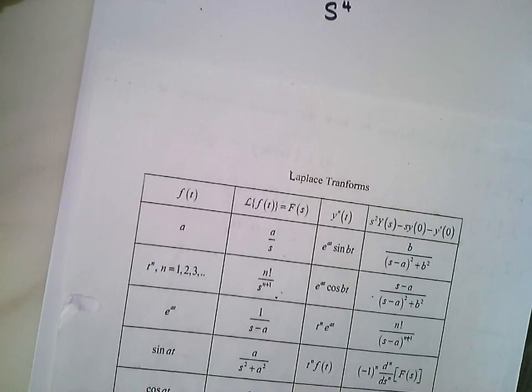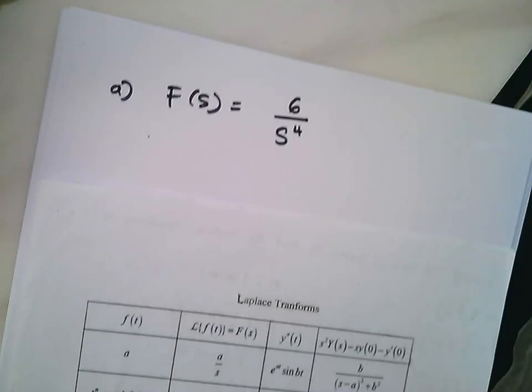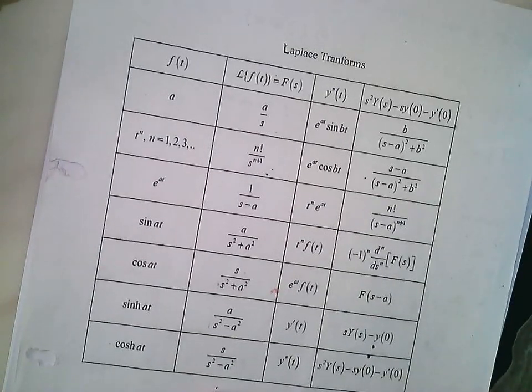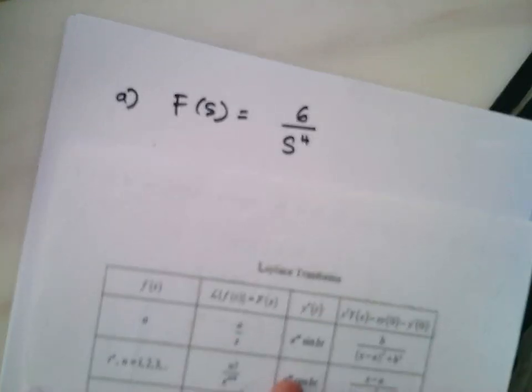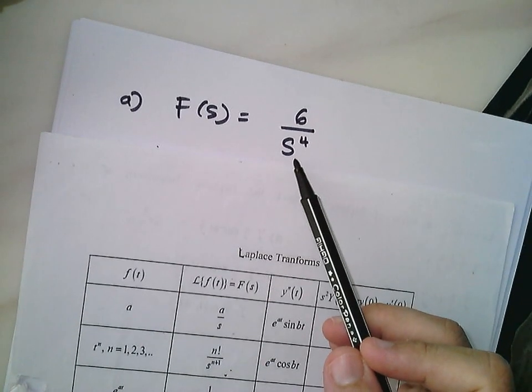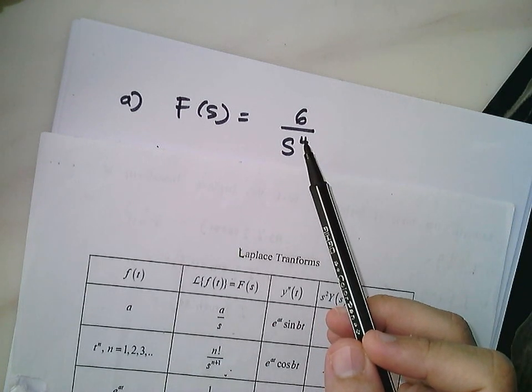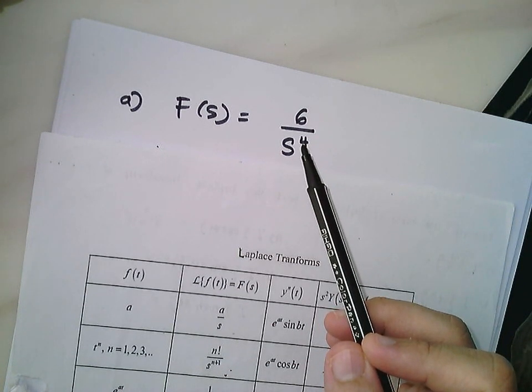You compare what you have and what's in the table of the Laplace transform. Okay, so as you can see here, at the denominator part, you have s to the power of n, where your n is greater than 1.